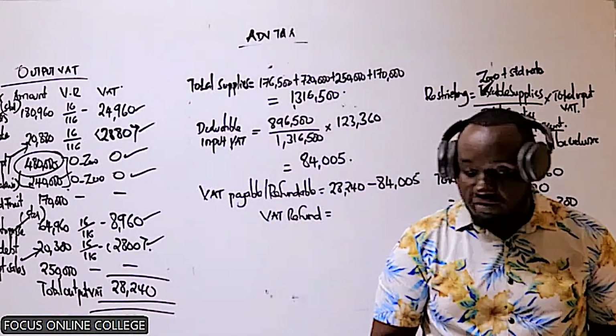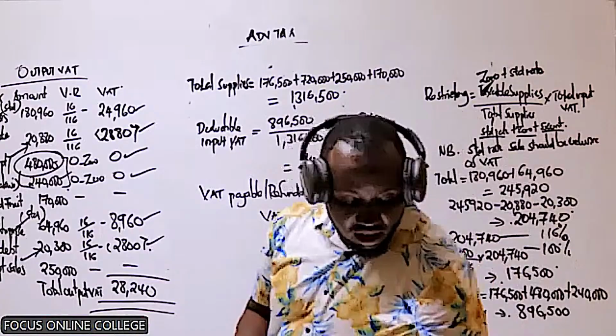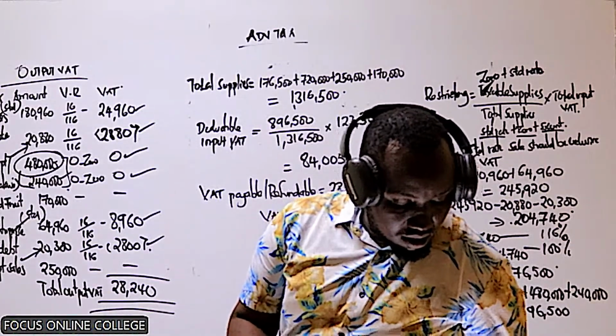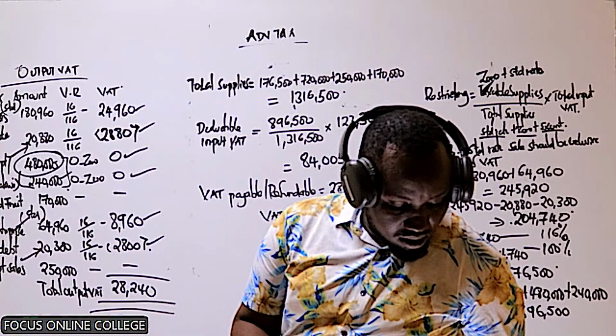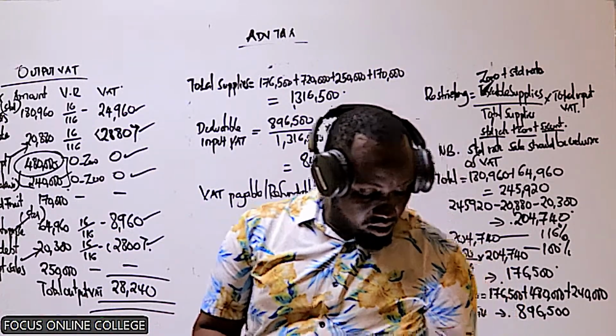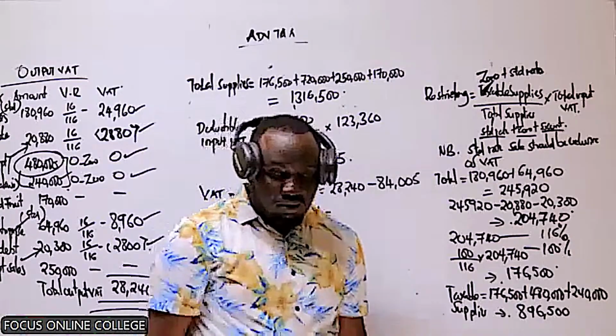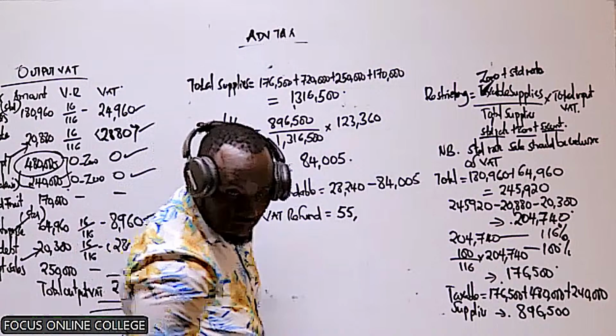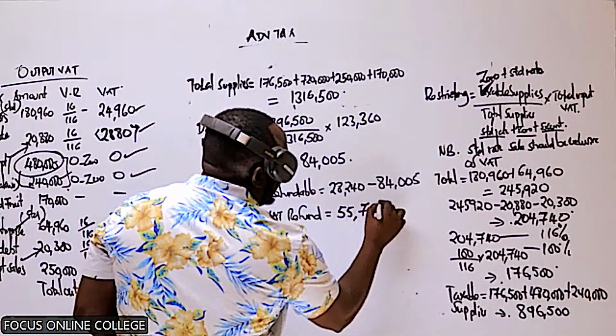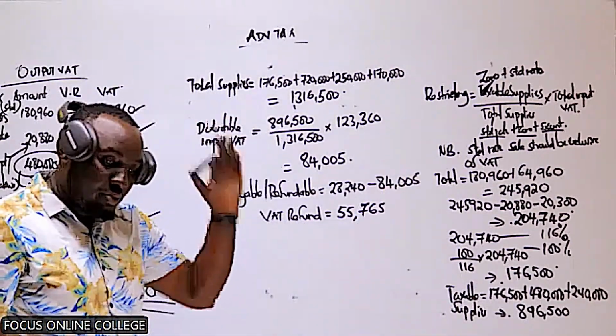What is the VAT refund? Get me the VAT refund. So the refund should be 55,765. But the key thing is not even the answers, it's the procedure.